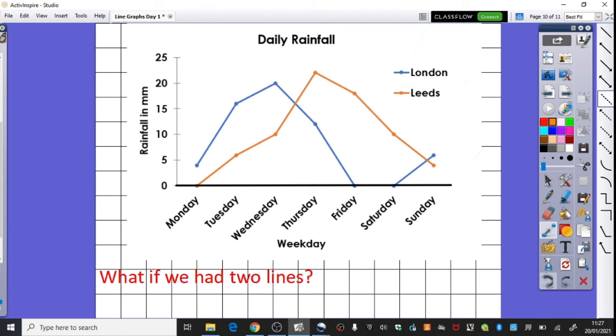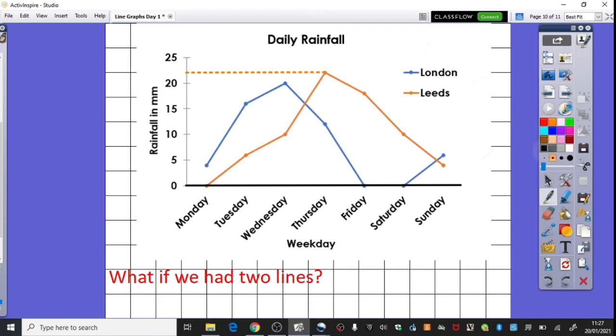So I might ask on which day did the most rainfall fall, and I can see here's my highest point, and if I mark it on my scale, it's roughly around 22 millimetres of rain, and that's fallen in Leeds here.